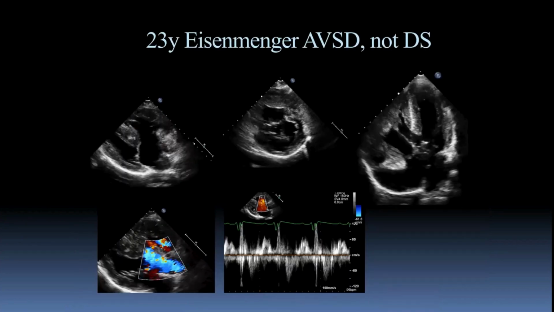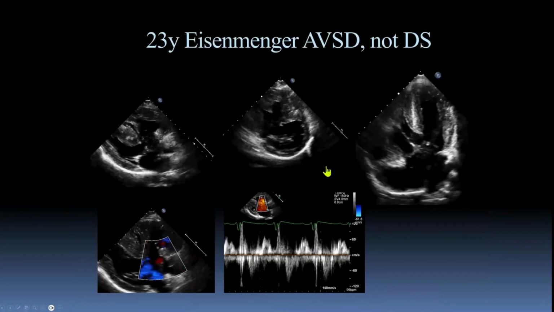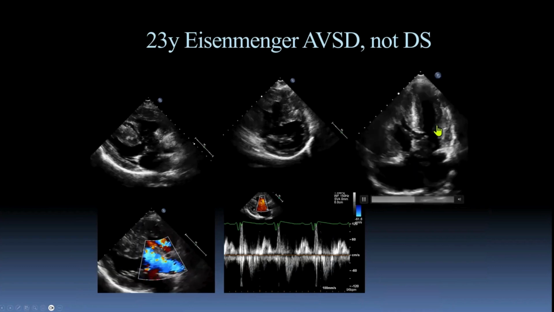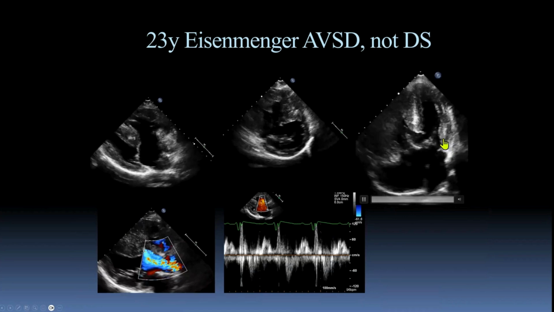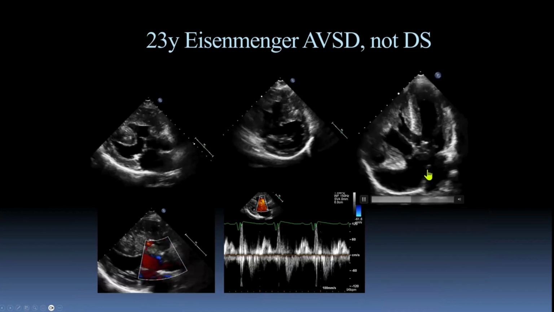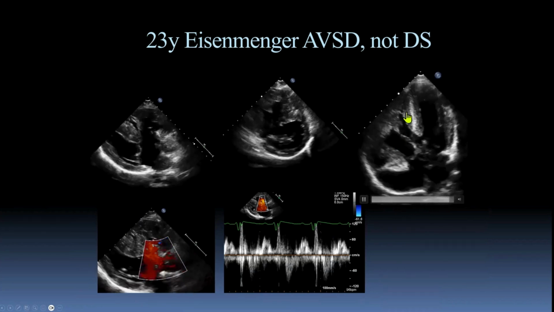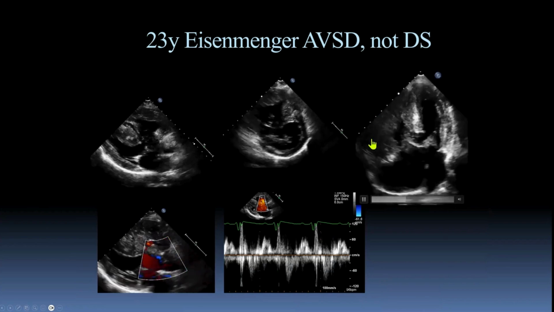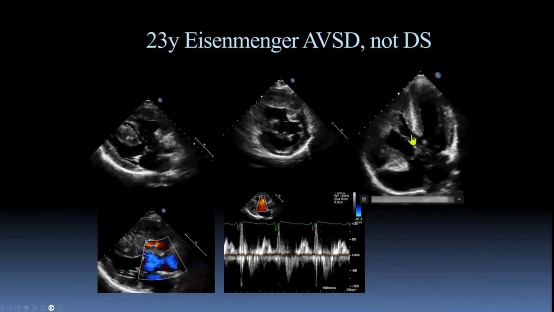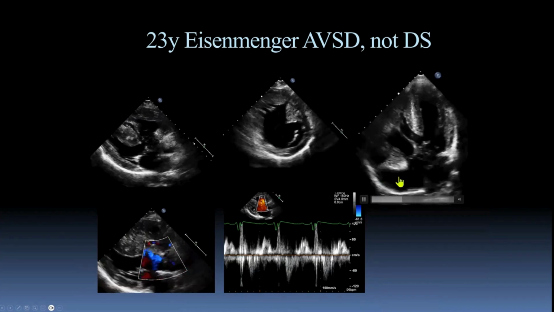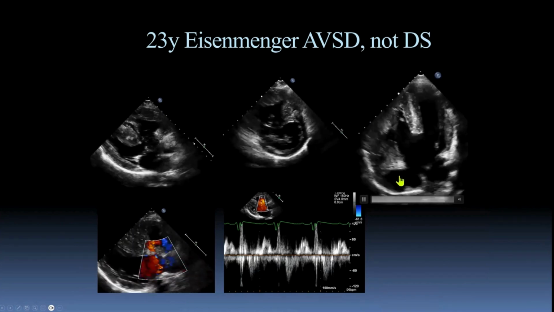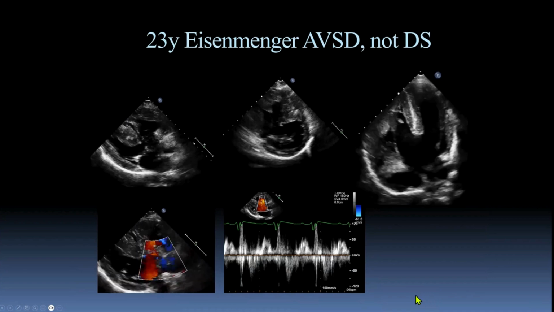This is an example of a non-Down's patient, even though this is a complete atrioventricular septal defect, as you can see, with a single AV valve with an inlet VSD and a primum ASD with severe hypertrophy of the right ventricle, but good systolic function. But you can see how this could be a stiff right ventricle, and with diastolic dysfunction, filling pressures will be high.